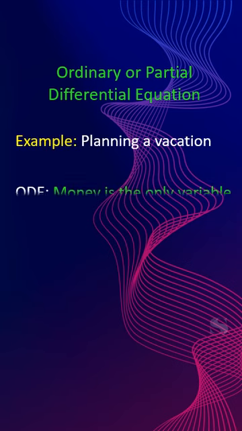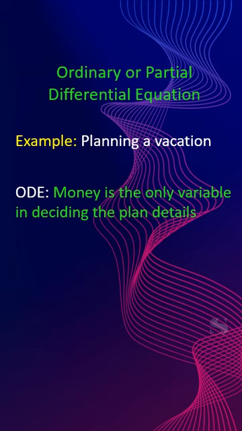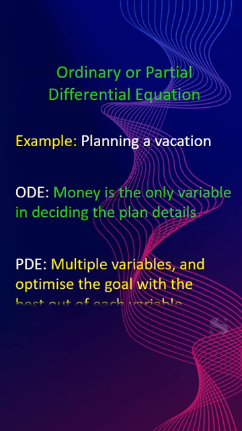On the other hand, a partial differential equation would take into account multiple parameters: monetary budget, personal preferences, experiences sought, duration, co-travelers, etc. Now, it is obvious that the second equation will optimize vacation goals with respect to the multi-goals, but it is more complex and needs far more clarity of priorities and knowledge about everything involved.